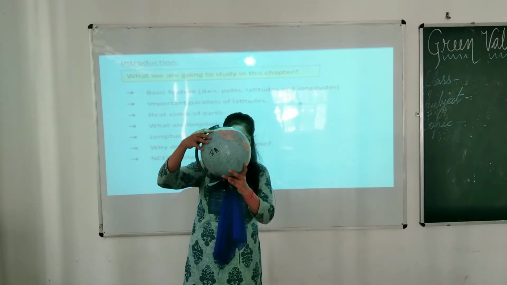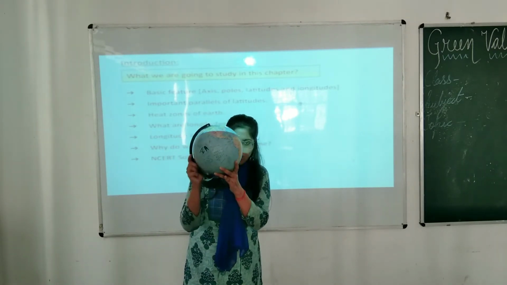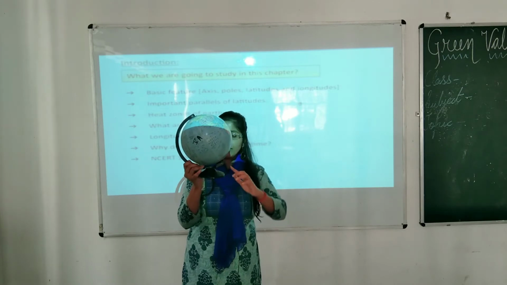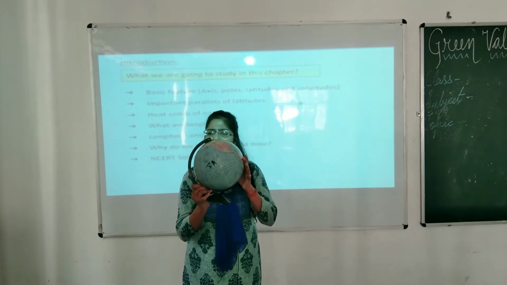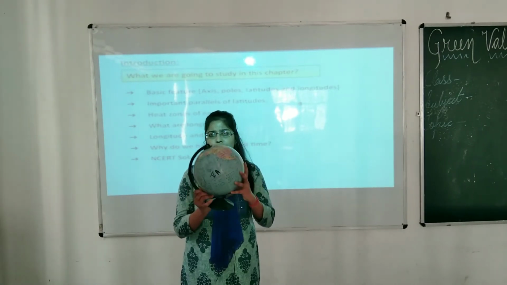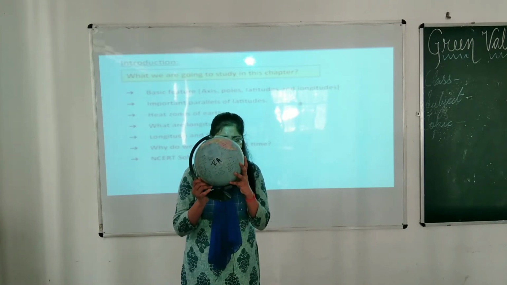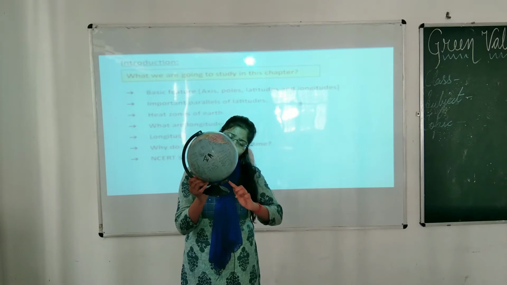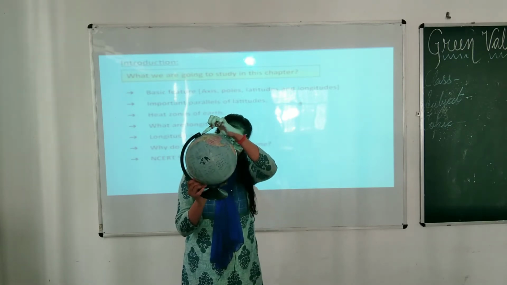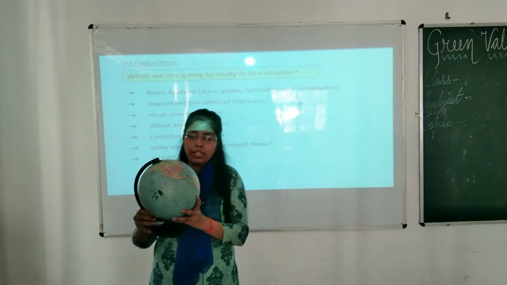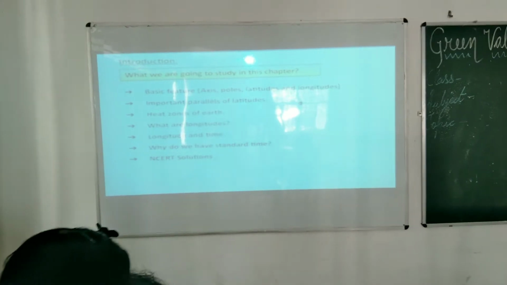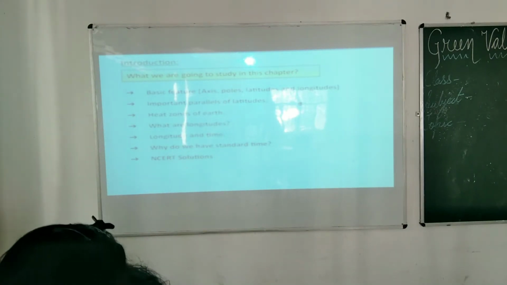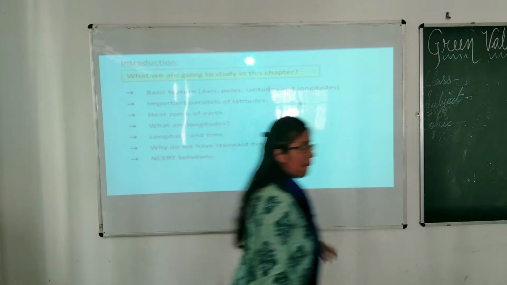You can see this is the structure of earth called globe. Now it is tilted. If you see, it is a bit tilted. It is not straight. Okay, it is a bit tilted. So there is basically a line which is passing through 2 points. For example, let me show you something.